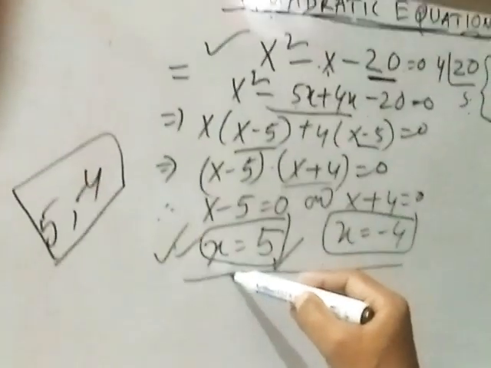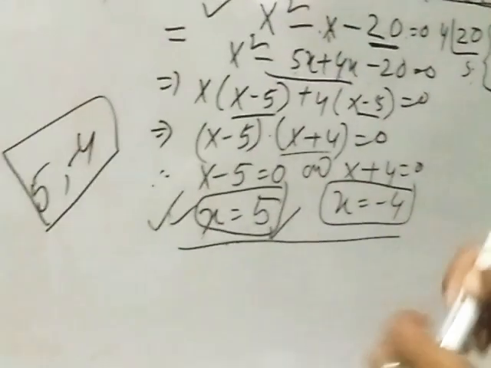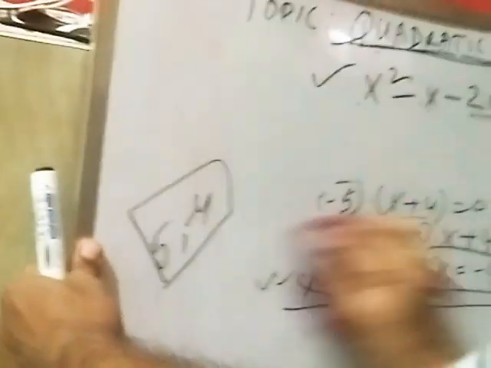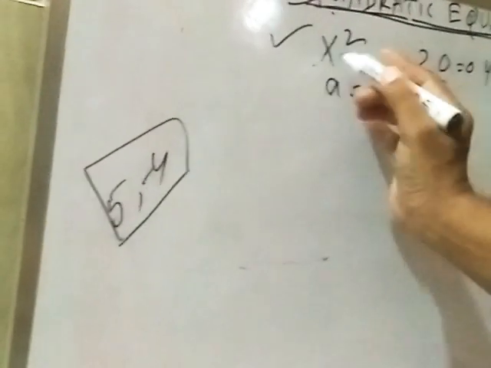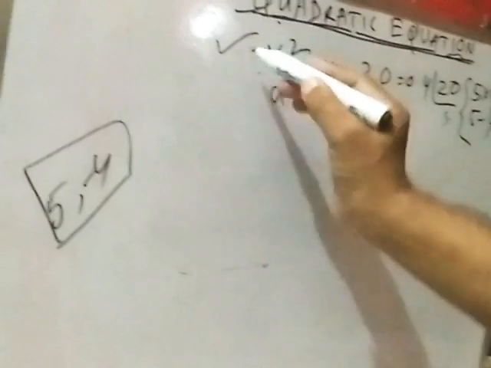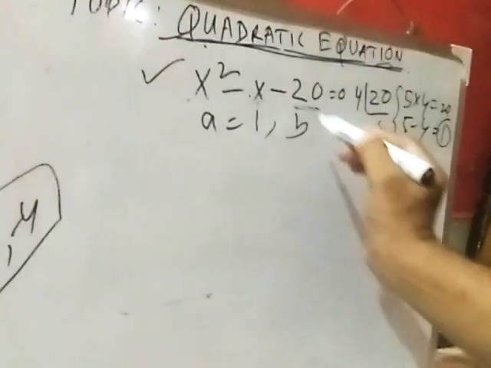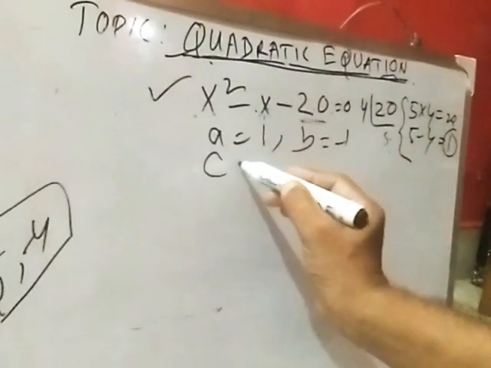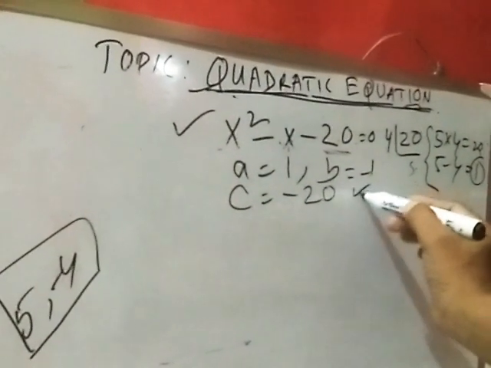As I told you, we are having another method, Sridhar Acharya rule. Now follow this rule. Here is A, A means the coefficient of x square. Okay. B means the coefficient of x. And C means the constant term. Any doubt?